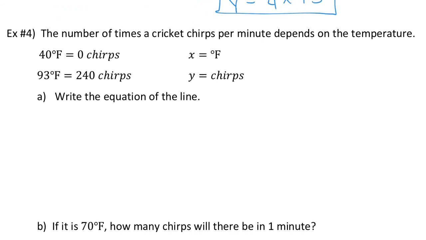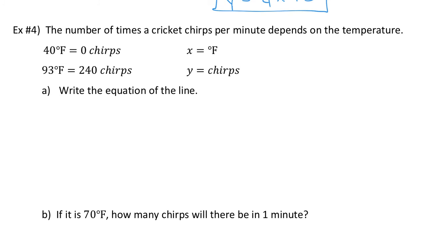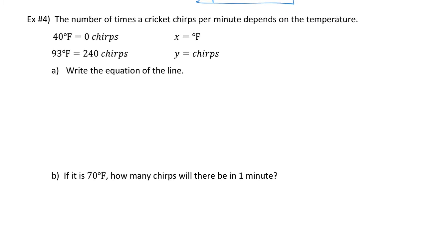This one holds a special place in my heart because we tease my mother-in-law about this one all the time. Did you know the number of times a cricket chirps is dependent upon the temperature outside? Fun fact for you, if you did not know that. So here's your setup, okay?